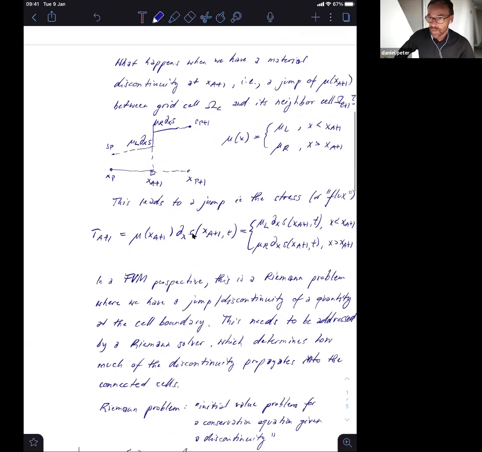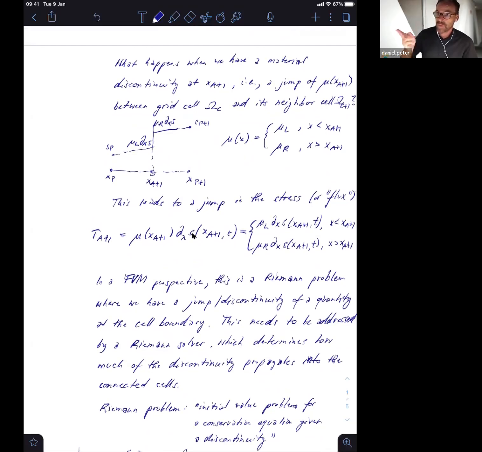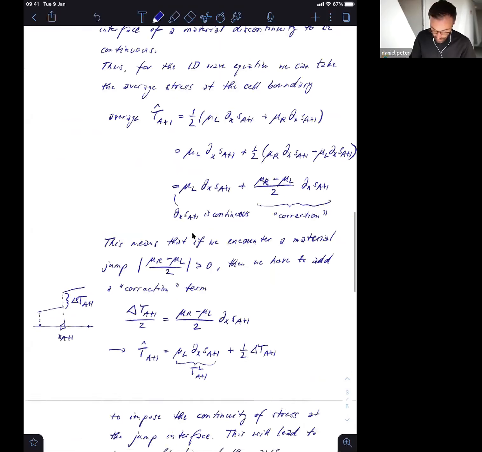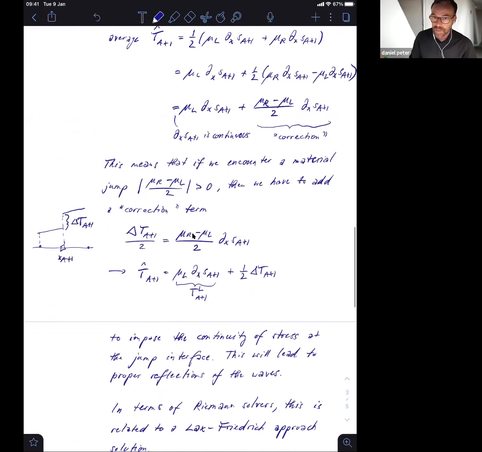And it is also connected to the staggered grid finite differences that we would have. So in a finite difference world, you wouldn't have this jump of the shear moduli.